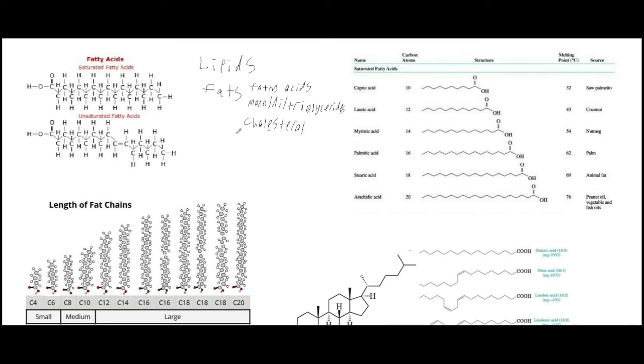Okay, so first I'm going to talk about fatty acids, and then I am going to talk about triglycerides, and after that I will talk about cholesterol.